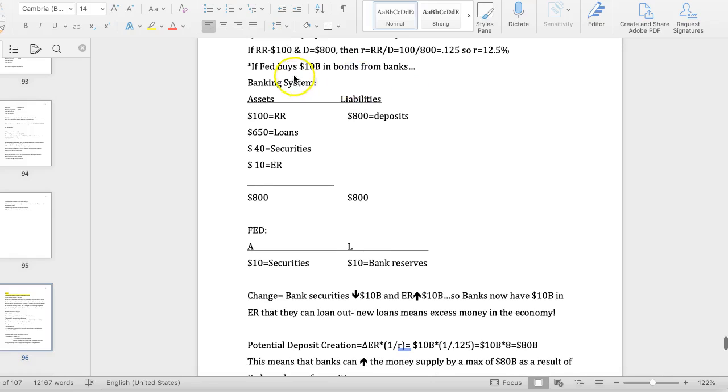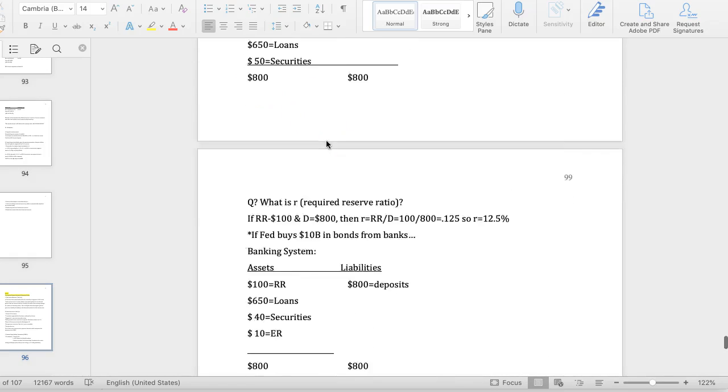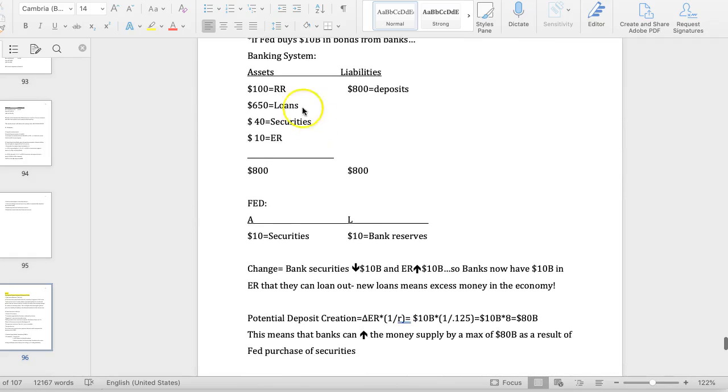So if the Fed buys $10 billion in bonds from banks, and remember they had 50 billion, now they're going to buy 10 billion. They've still got that 800 in deposits and the 100 that's required, so this stays constant. They still have the loans.